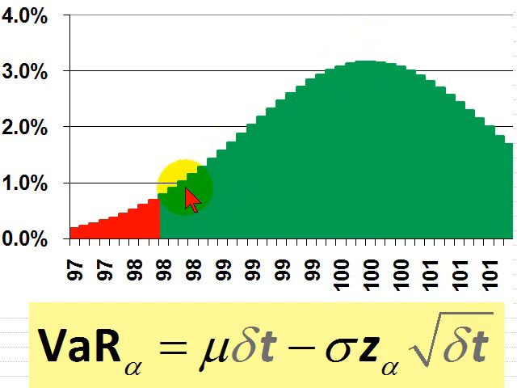It happens to be 1.645 standard deviations, or multiples of volatility. That's because I selected 95% confidence.